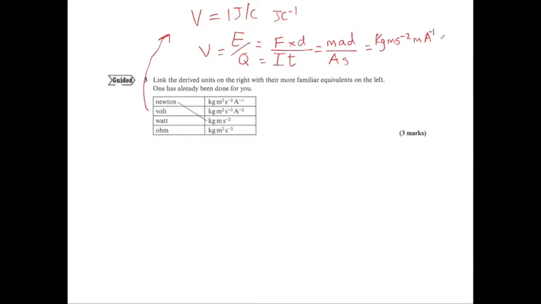And the same goes for the seconds. That should be minus 1. Now, if you notice, we've got 2 loads of seconds there and 2 loads of masses here as well. So we need to simplify this. So we've got 1 kg, we've got 2 meters, so that's m squared. We've got s minus 2 and s minus 1, so that makes it s minus 3, and then A minus 1.